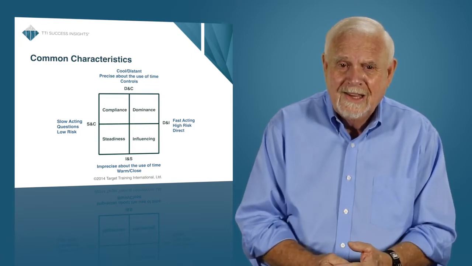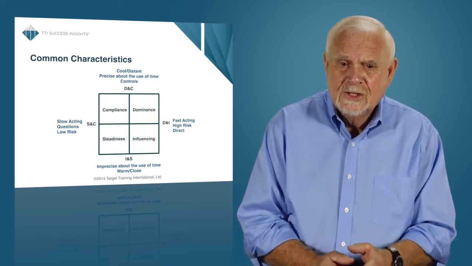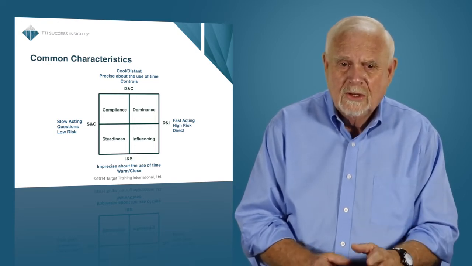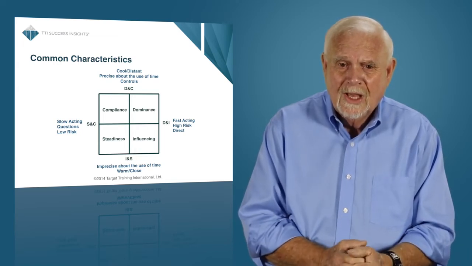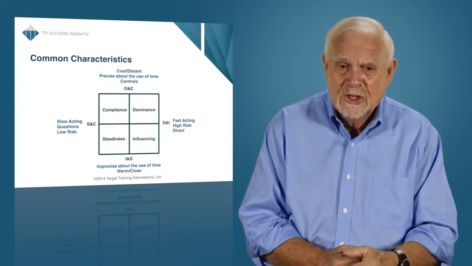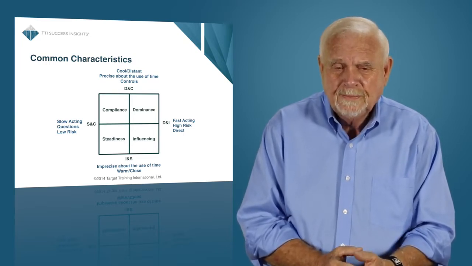When I call on a high D and he asks me if I want a cup of coffee or something like that, I say only if you do, because I don't want to interrupt the quality time I'm going to have with that person. I'm going to get in there, I'm going to start with business, and then finish with business and let them know what I'm there for.